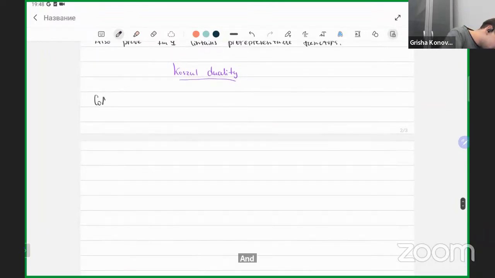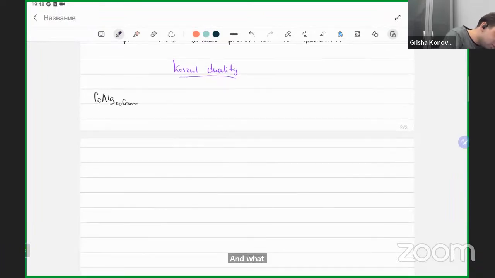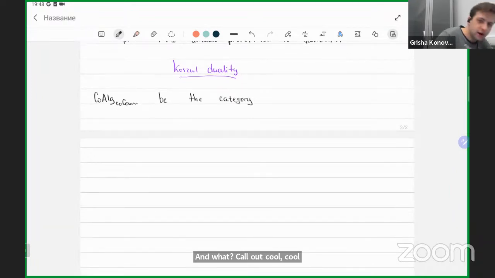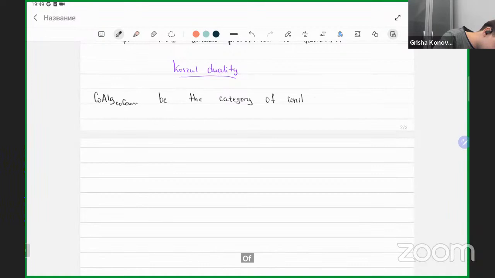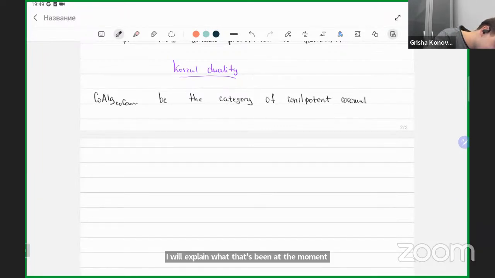Let com be the category of co-nilpotent co-commutative differential graded coalgebras. I will explain what that means in a moment.